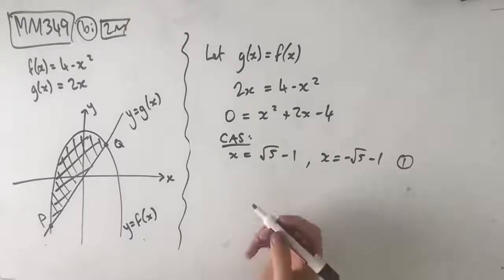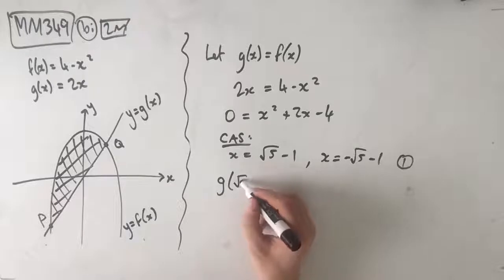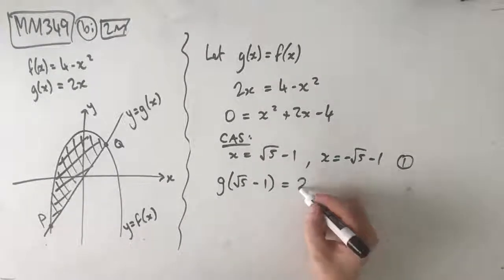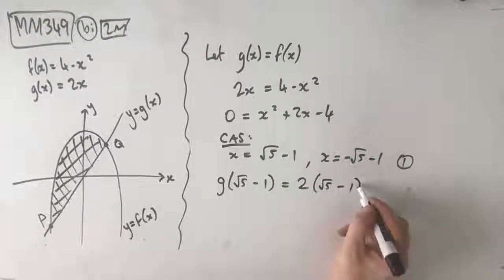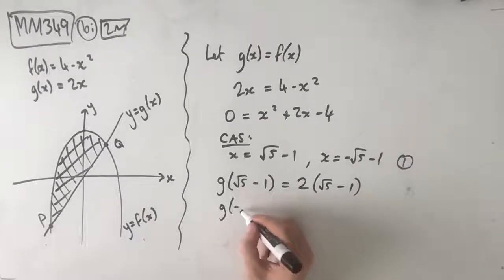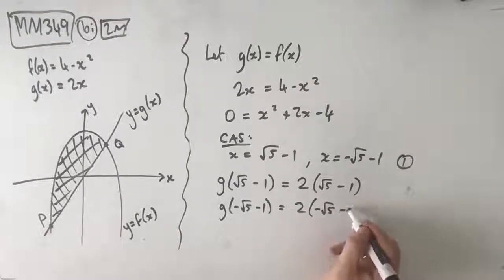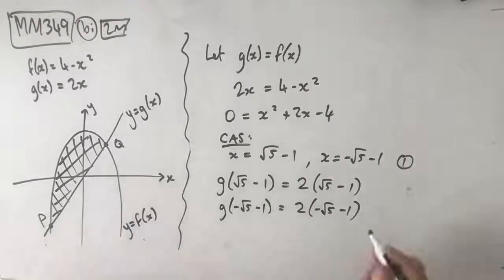So from here, we can say that g of root 5 minus 1 is equal to 2 times root 5 minus 1, and g of negative root 5 minus 1 is equal to 2 times negative root 5 minus 1. Awesome.